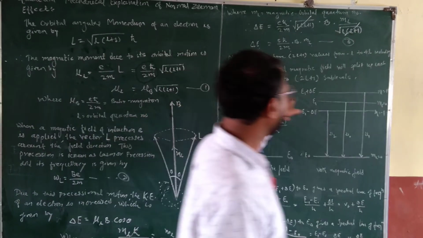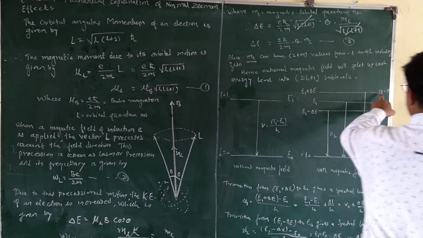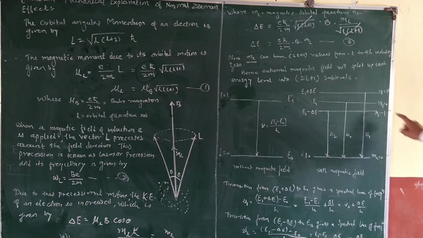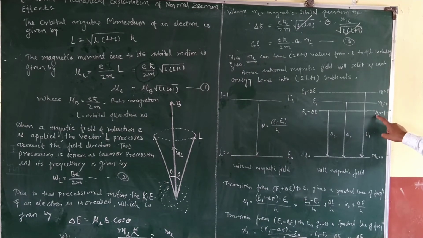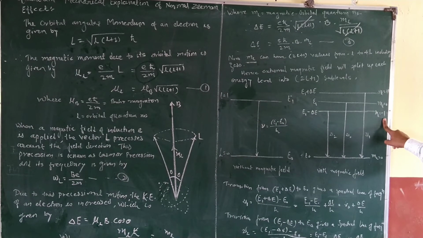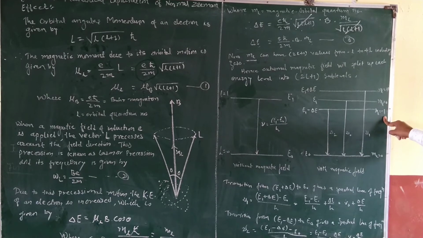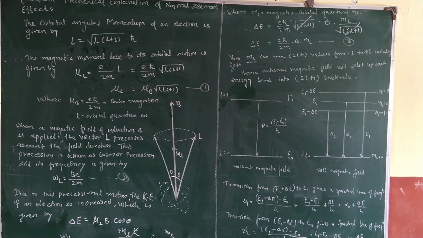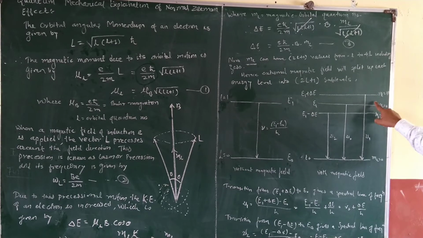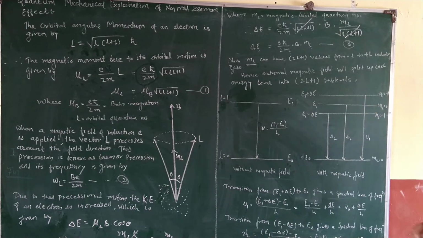So this is split into ml plus 1, ml 0, ml minus 1. Okay, means 3 is split into 3 lines.